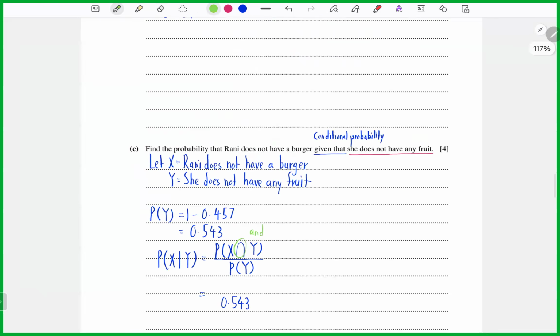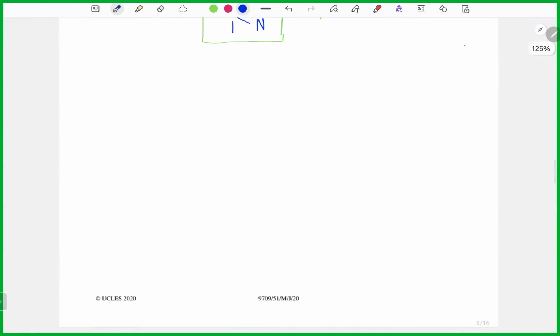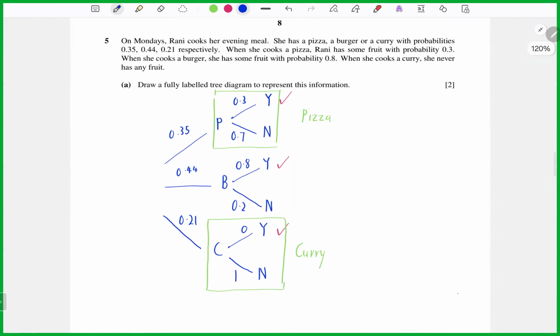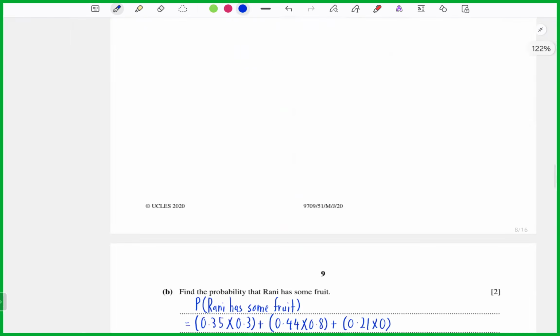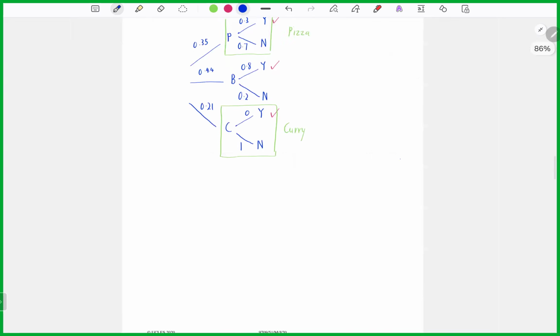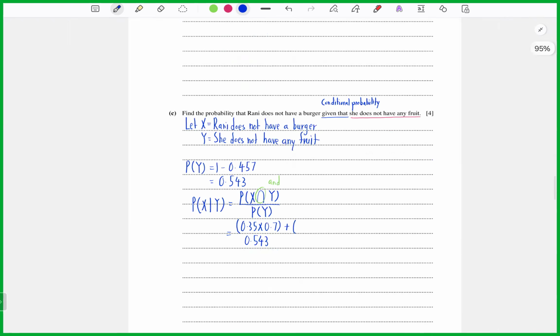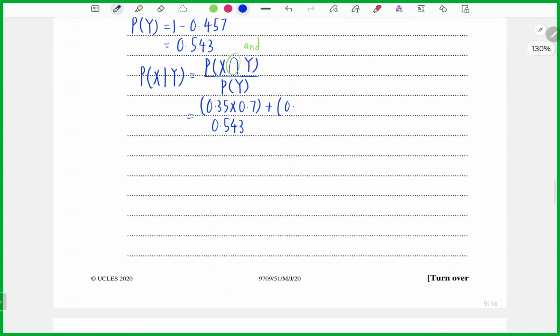So now you try to calculate bracket 0.35 multiply 0.7, because you can see here pizza with no fruits, plus one more here, curries with no fruits, so 0.21 multiply 1.